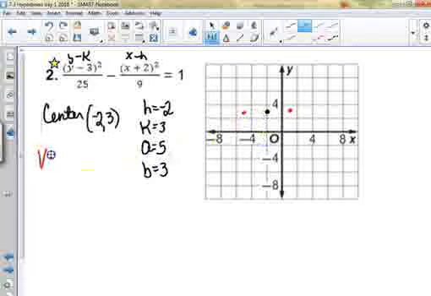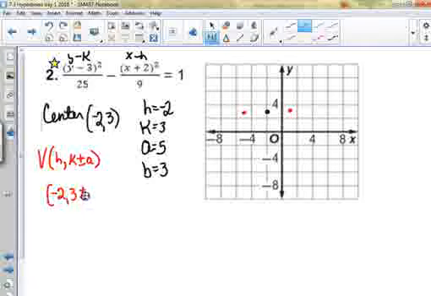If you look at your sheet, when the y is the positive one, it says the vertices are at h, k, plus or minus a, which is -2, 3, plus or minus 5. Okay, if we go from here, up 5, 2, 4, 5, and down 5, 2, 4, 5, we get -2, 8, and -2, -2.